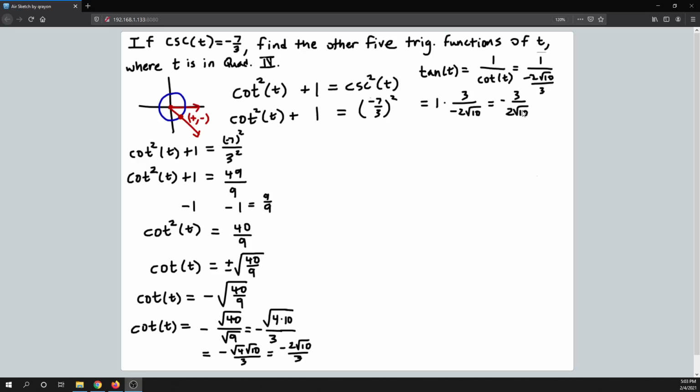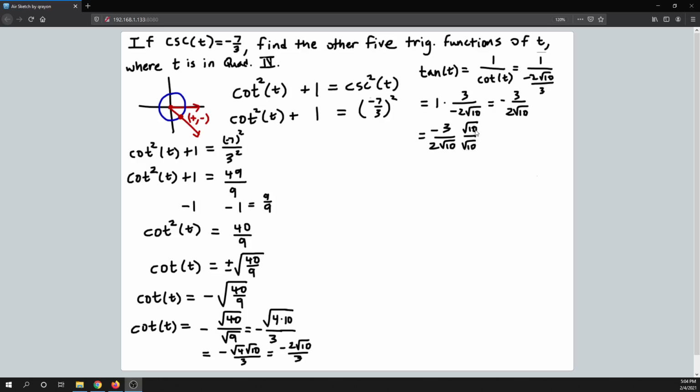I still have this radical in the bottom part of this fraction, so I need to rationalize it. So I'll get it down here to the next line. I get minus 3 over 2 square roots of 10. To get rid of that square root of 10, all I need to do is multiply top and bottom by square root of 10. On the bottom, square root 10 times square root 10 is going to come out to be 10, so that will remove the radical there.